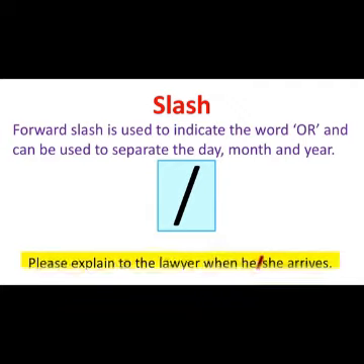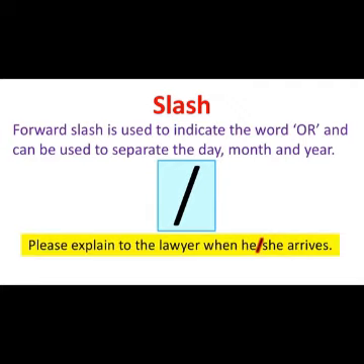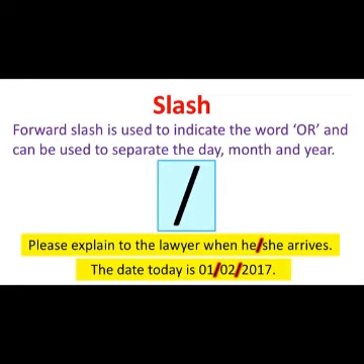For example, please explain to the lawyer when she arrives. So in this example, the forward slash is used to indicate the word or. The date today is the 1st of the 2nd, 2017. In this example, the forward slash is used to separate out the day, month, and year.